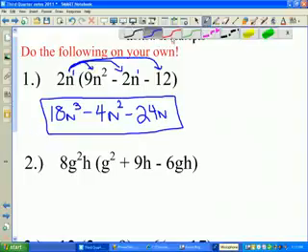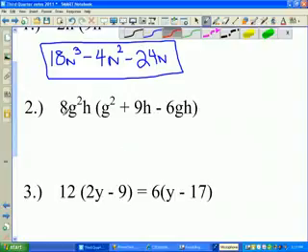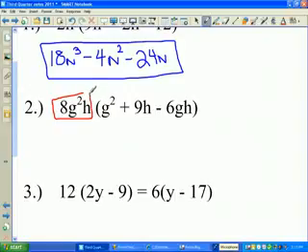So for number 2, let me switch colors. We have 8g squared h. This whole expression I'm going to distribute to everything inside the parentheses. Now, 8 times 1 will give me 8. G squared times g squared, remember, we add our exponents, so that gives me g to the 4th.